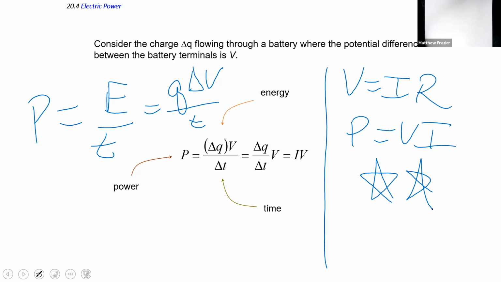Because we're dealing with things that are resistors, we can write this in other forms, but this is always true. Power is voltage times current. That is always true.